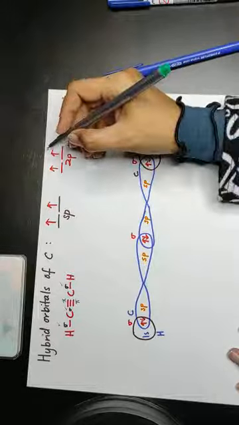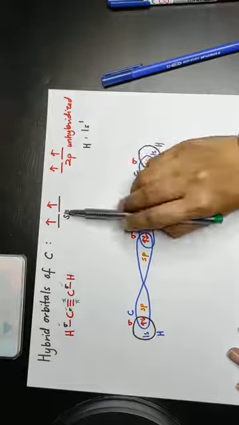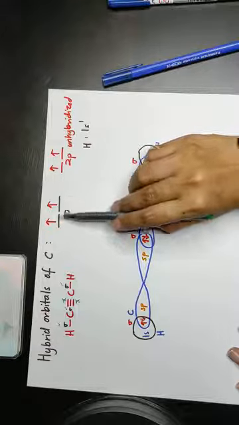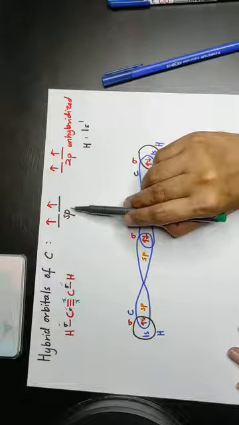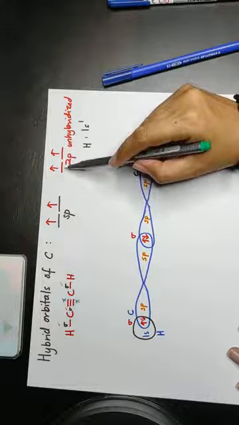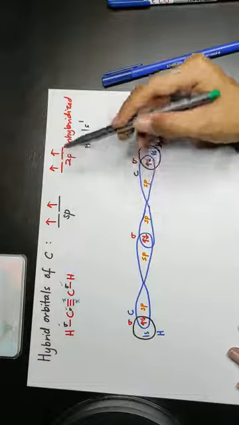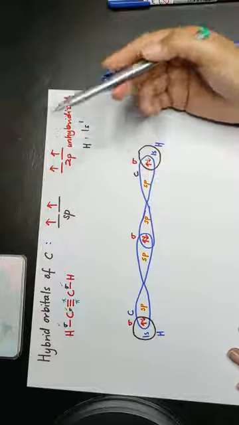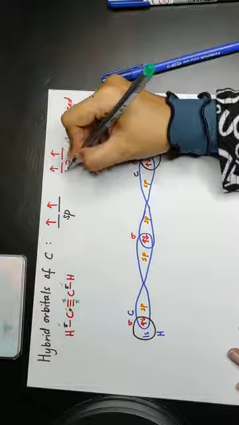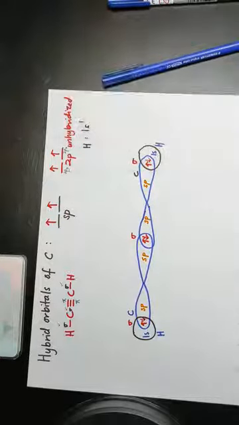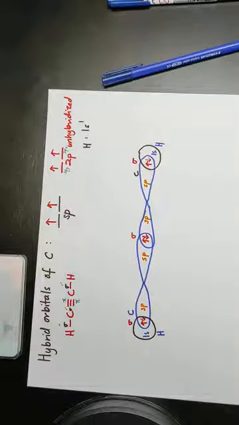So let's say 2px from the carbon atom undergoes hybridization, so it forms sp orbitals. So 2py and 2pz from the carbon atom do not undergo hybridization. So let's say this is 2py, 2pz.